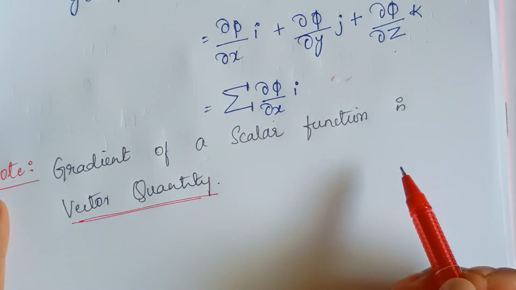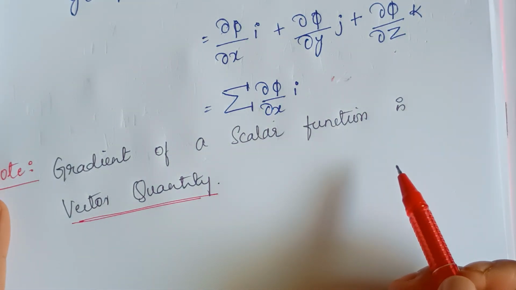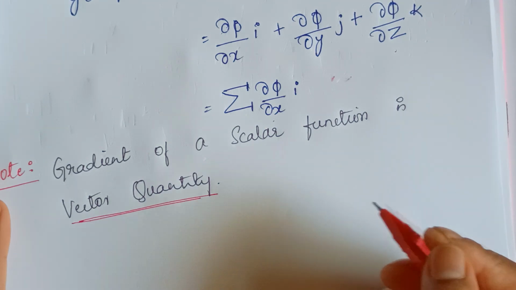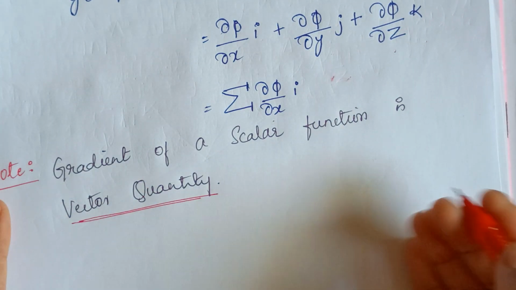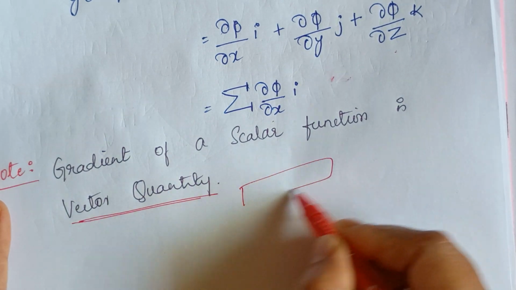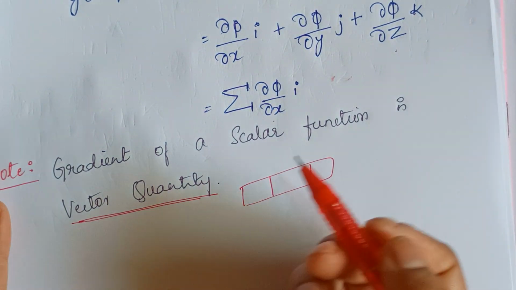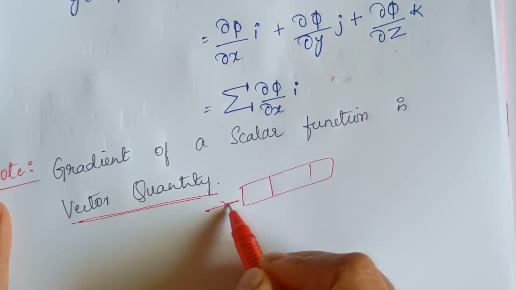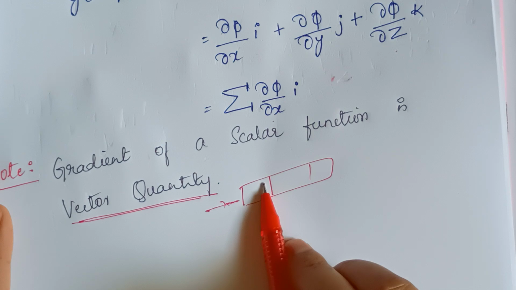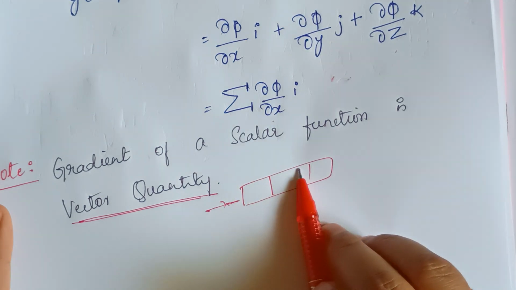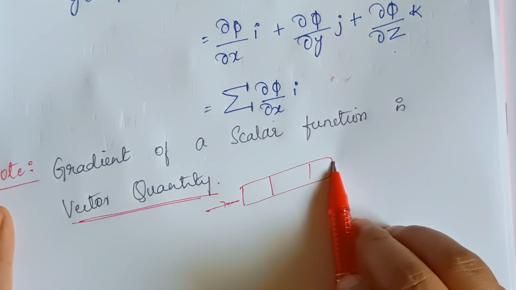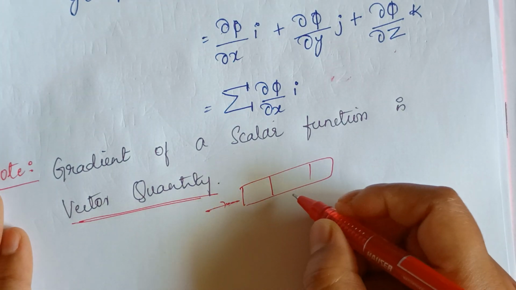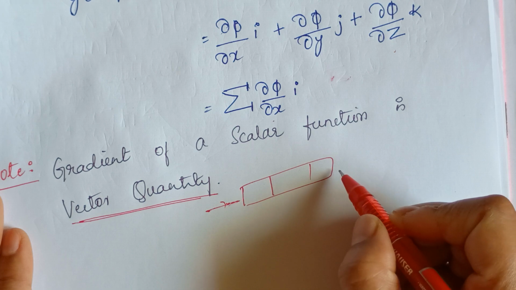Now a real life example: consider a temperature map. Imagine you are holding a metal plate where different parts have different temperatures. Consider you're giving heat from this side, so here it will be more heated, then a little bit less, then comparatively less. So the plate has different temperatures at different parts.